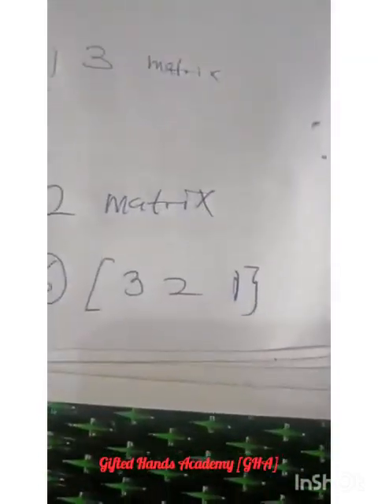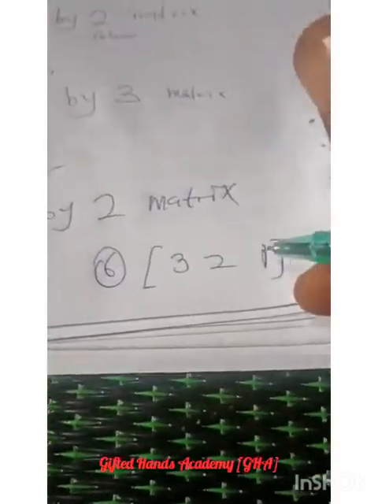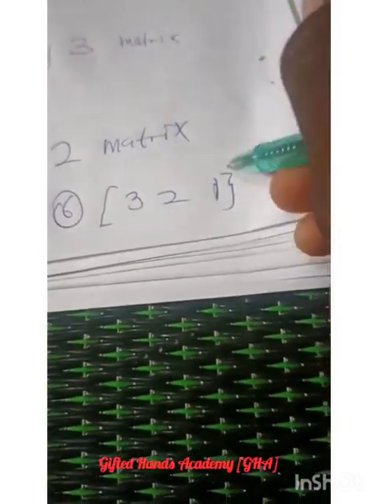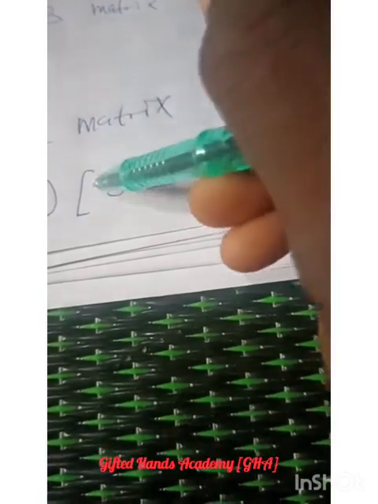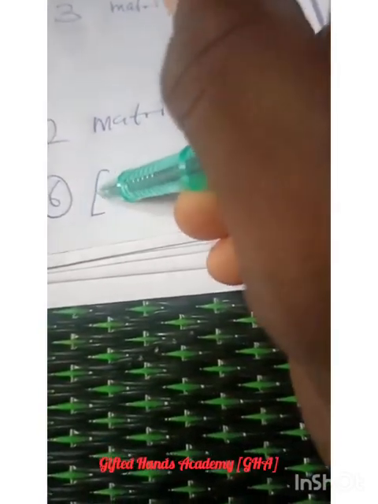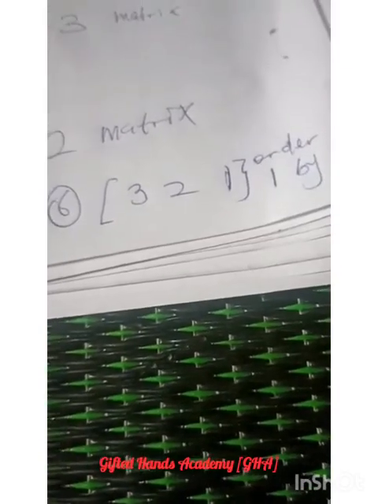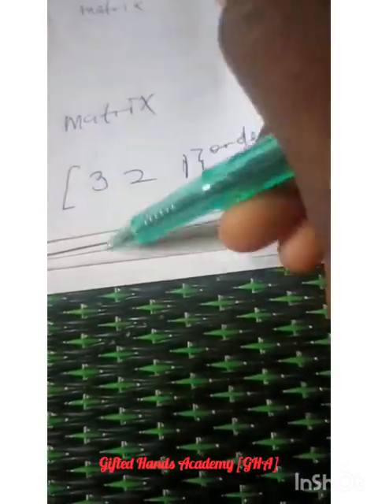Then number 6, I have 3, 2, 1. I want to give the order of this matrix. Don't forget I say you are naming the row first. The row is just one row, which is the row 3, 2, 1. So this is 1 by, then the columns are 1, 2, 3.